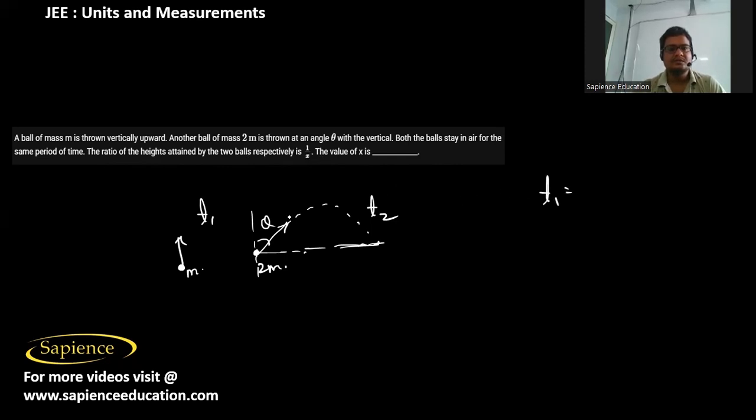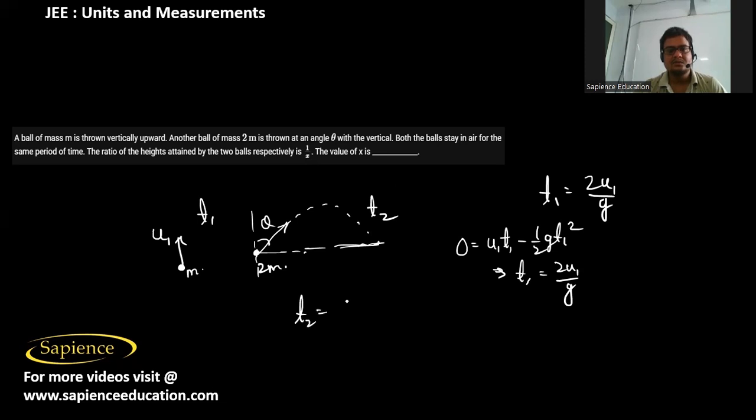So the time of flight for the first ball, projected with an initial velocity u1, is 2u by g. The displacement is 0, so 0 equals u1 into t minus half g t square. If we solve it, we get t1 equals 2u1 by g, and similarly t2 equals 2uy by g.